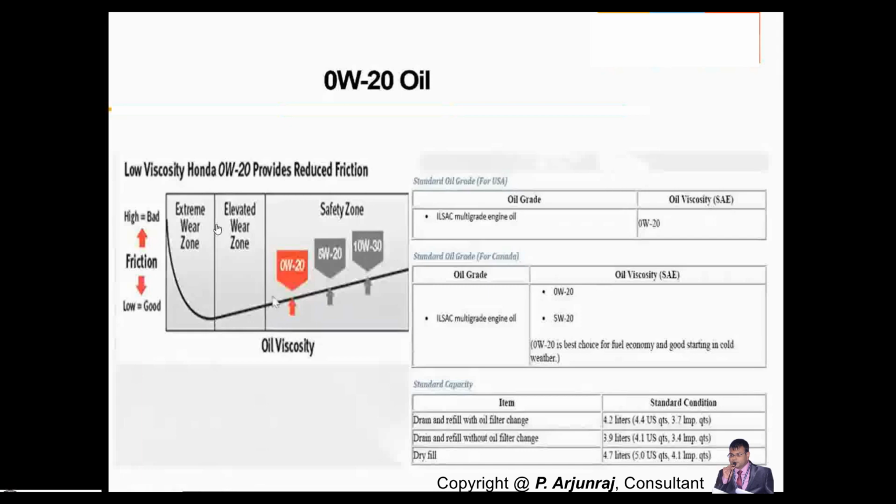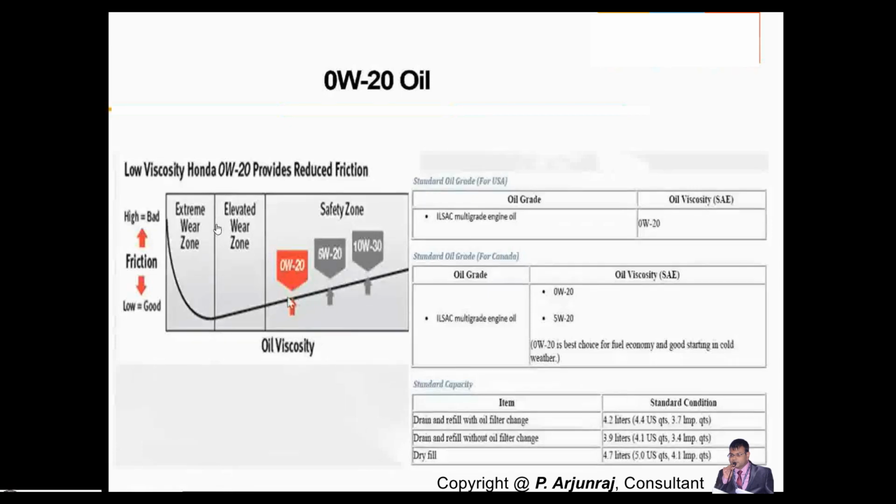If you use the oil, you go for a safety zone. If you are not having any oil, then the severity zone is higher. So if you want to run the vehicle or engine in a safer zone, you need to have some oil. And what oil you are choosing is also very important.